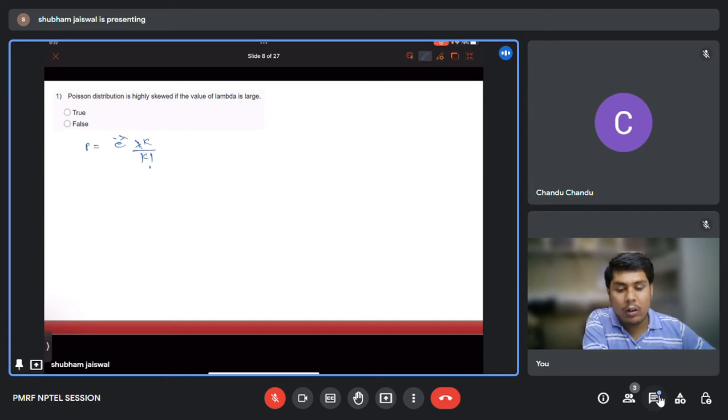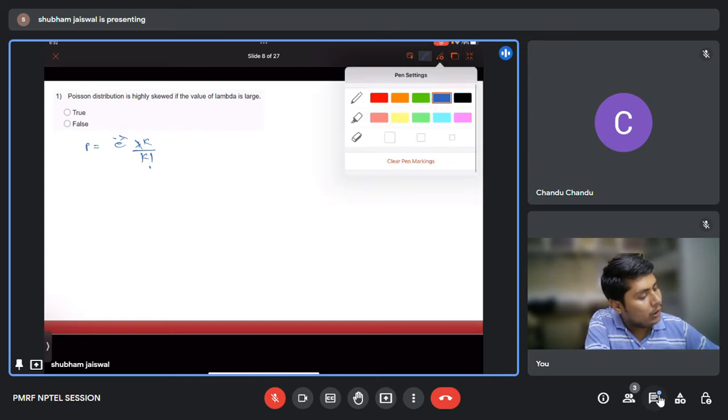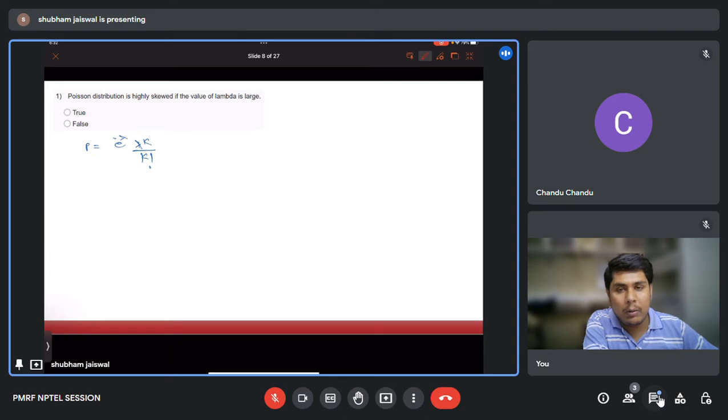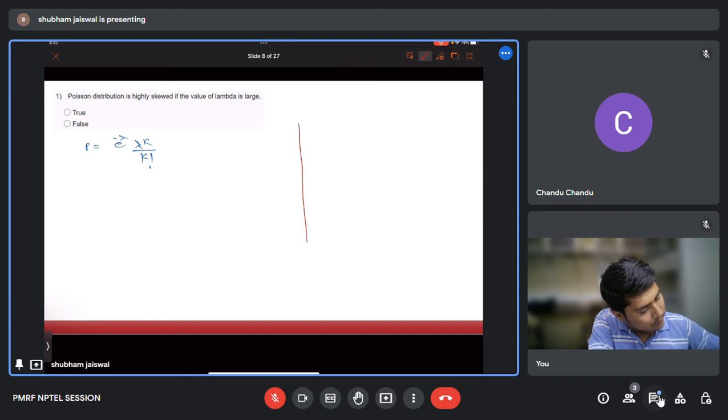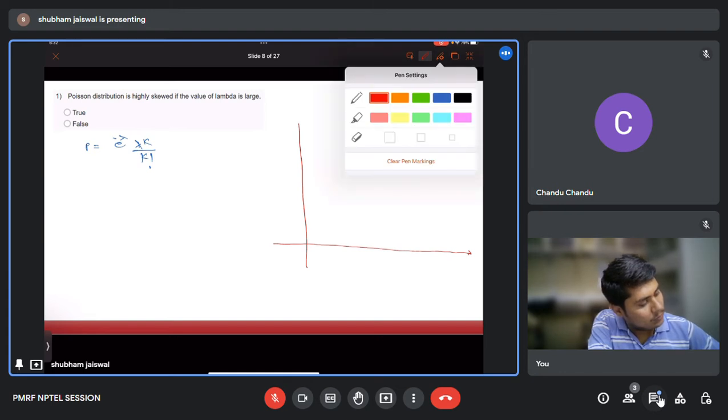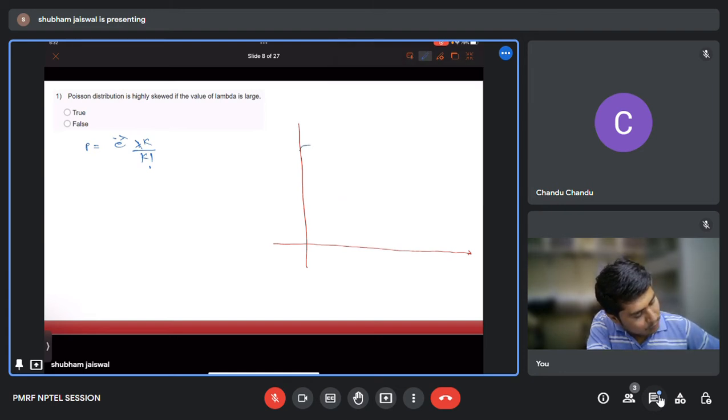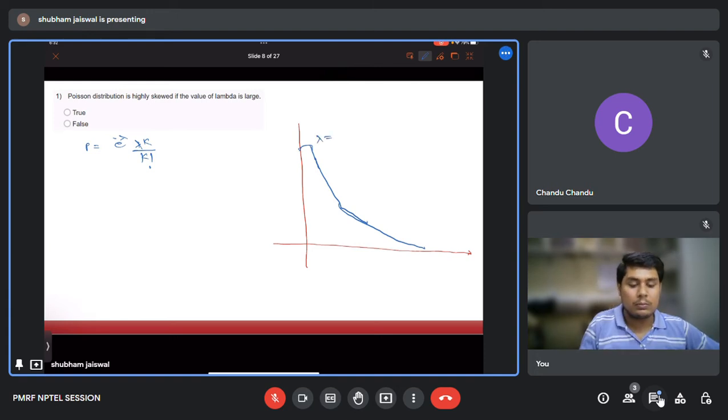So if we draw the plot for Poisson distribution with various lambda values, with increasing lambda value, we can see that, suppose this is for lambda equal to 1.